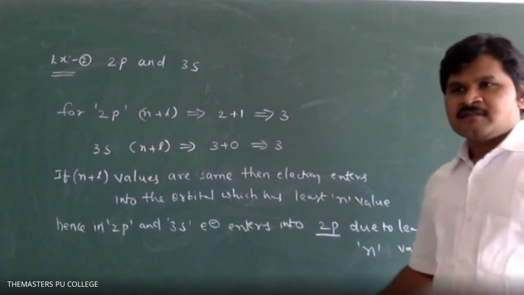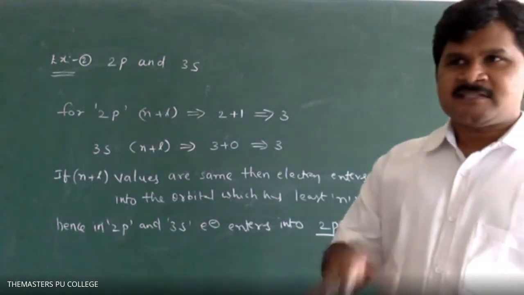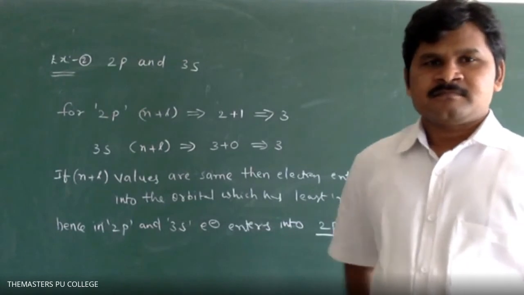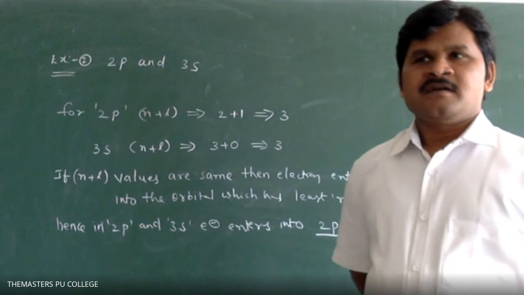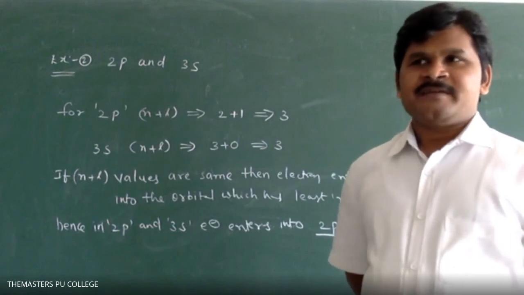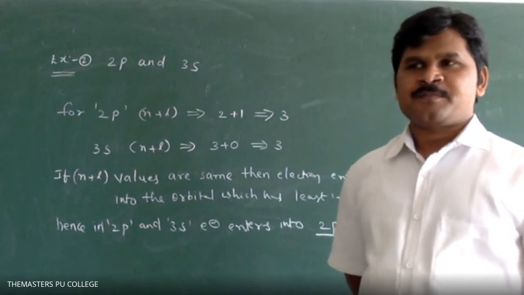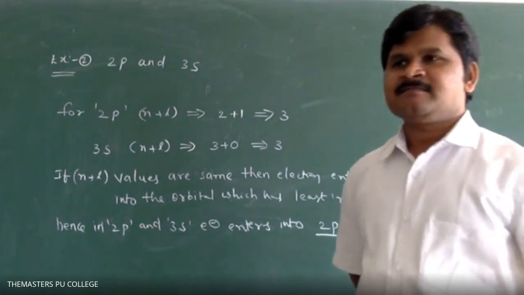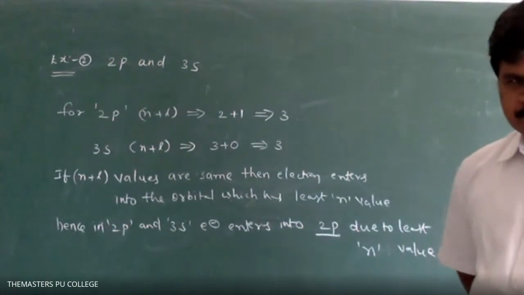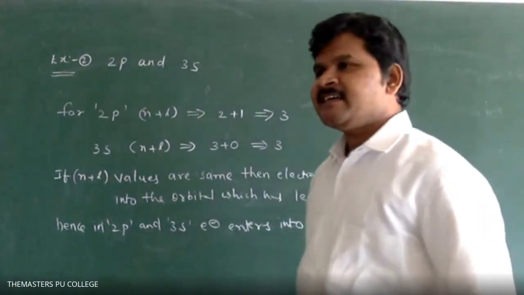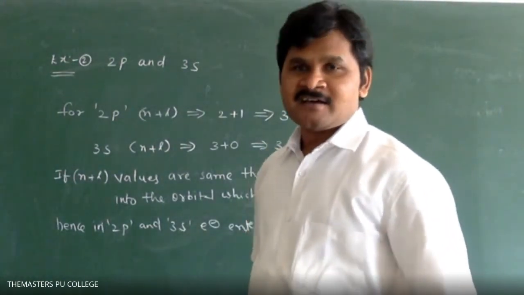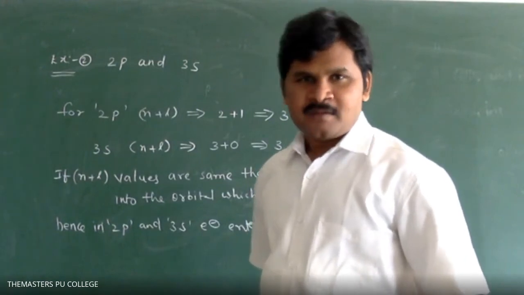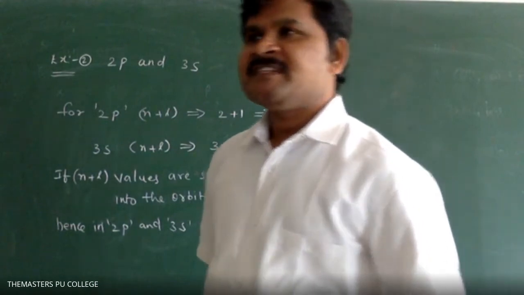Right now, you can understand this easily. Among 3d and 4p, which has the least energy? Among the 3d orbital and 4p, which has the least energy? Please do it by your own method.